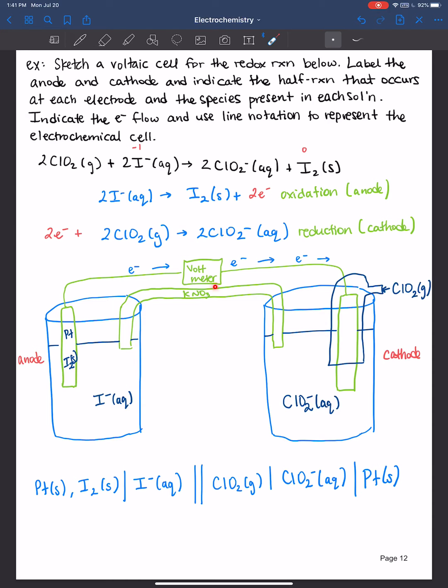Don't forget your salt bridge to complete this circuit, as well as showing those electrons going from the anode to cathode. If you have a gaseous species, then you always use a tube, and it has to cover the electrode and be submerged in the solution so that the transferring of electrons takes place. As well as if you have a non-metal solid like iodine, it does need to be coupled with platinum in order to have that conductive surface.